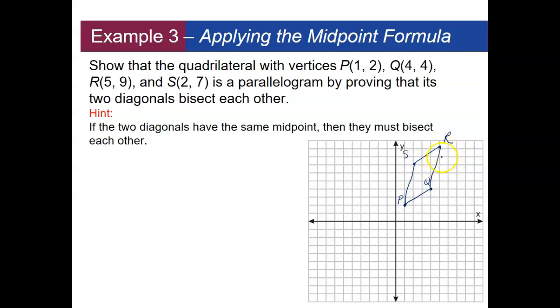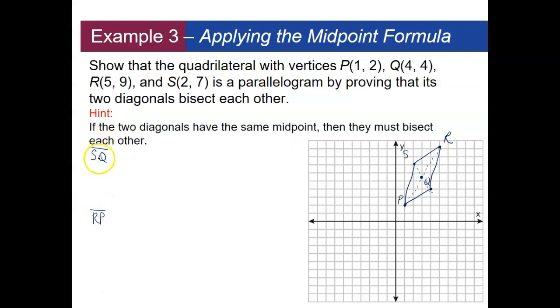then hopefully you see that this would be a parallelogram, but we need to prove that algebraically or geometrically by showing that the midpoint of each of the diagonals is the same. So we need to find the midpoint of the line SQ, and then we need to find the midpoint of the line RP.